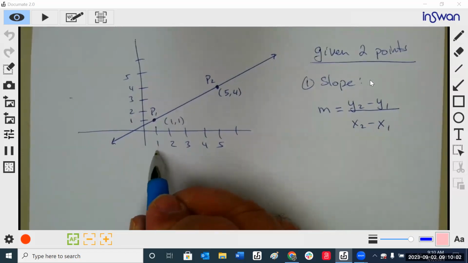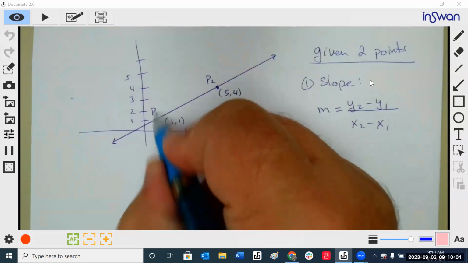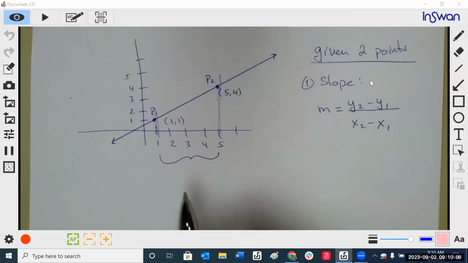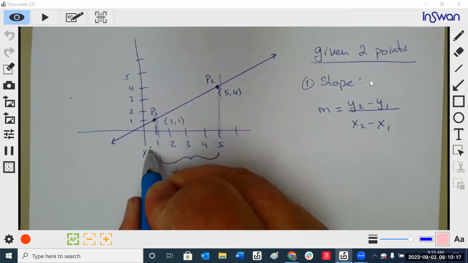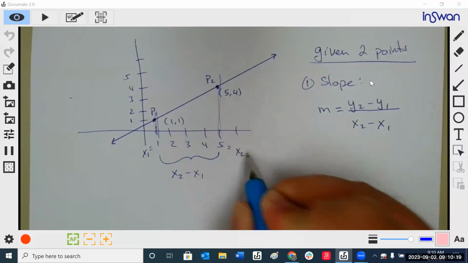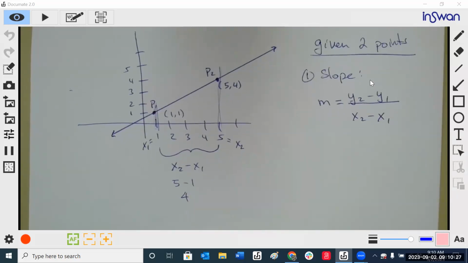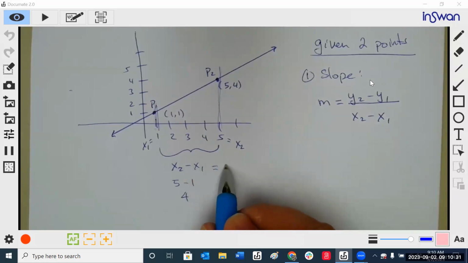Because it's from, so it's the distance between these two is x2 minus x1, where this is x1 and this is x2. So we know it's 5 minus 1, it's 4. So x2 minus x1 is 4.